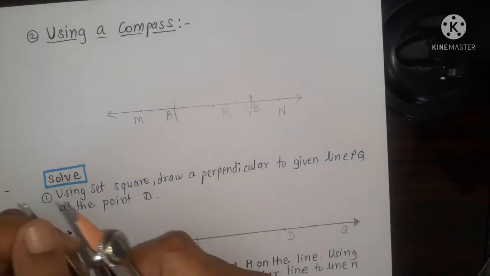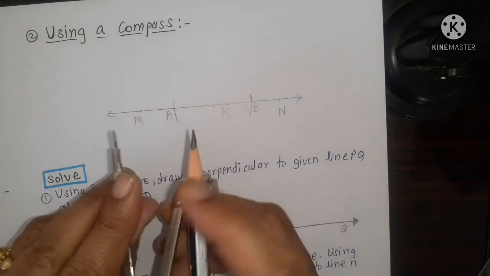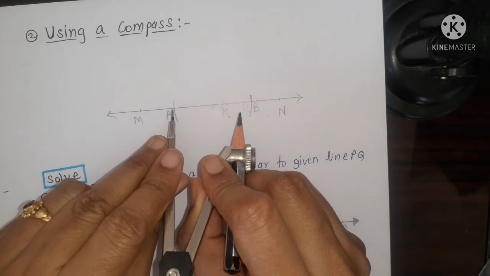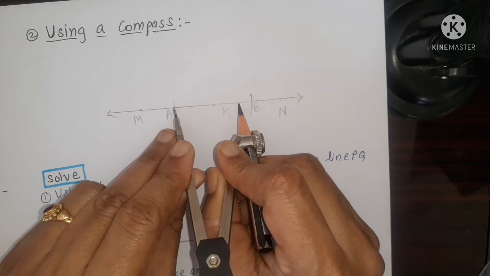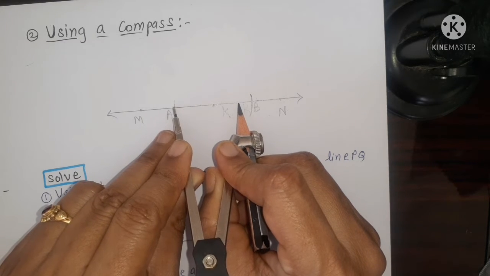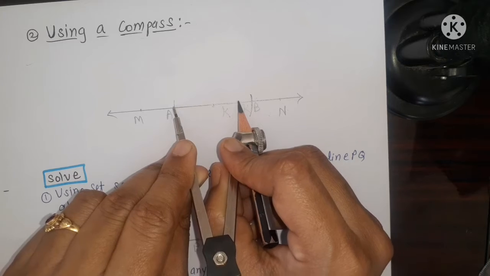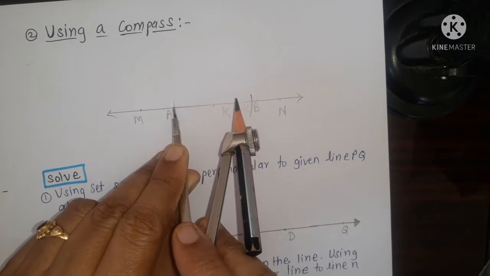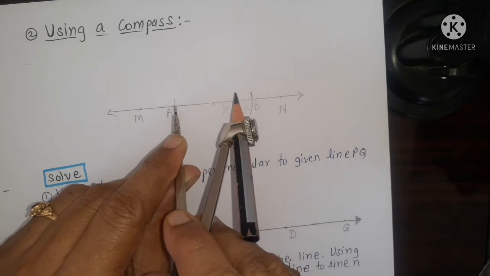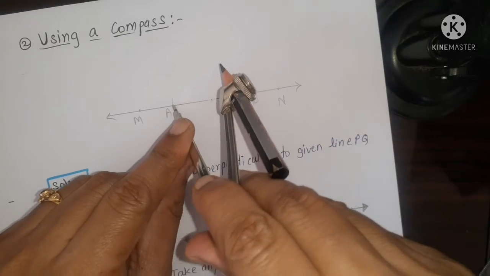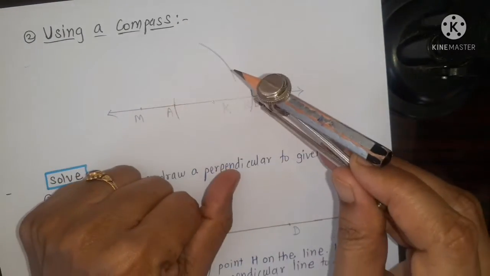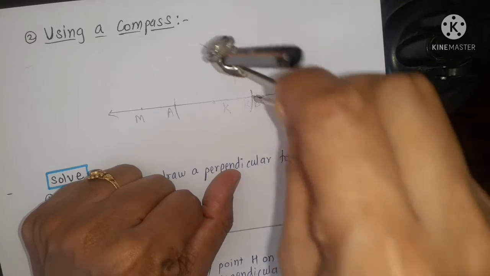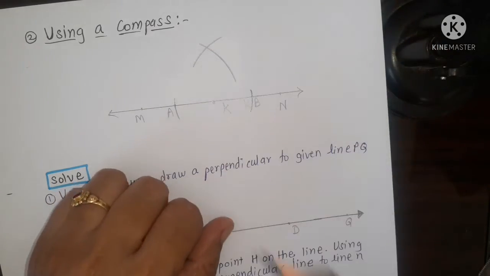Place the compass point at A and take a convenient distance greater than half the length of AB. Draw an arc on one side of the line. Place the metal point on B and draw another arc.